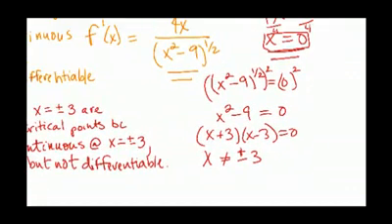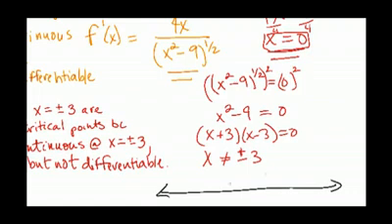So then when you did your number line, you would need to plot negative 3, 0, and positive 3.